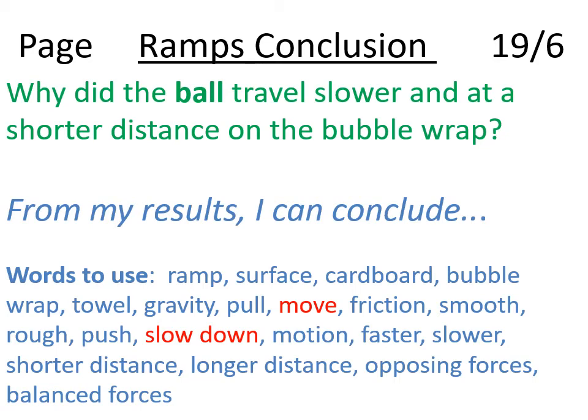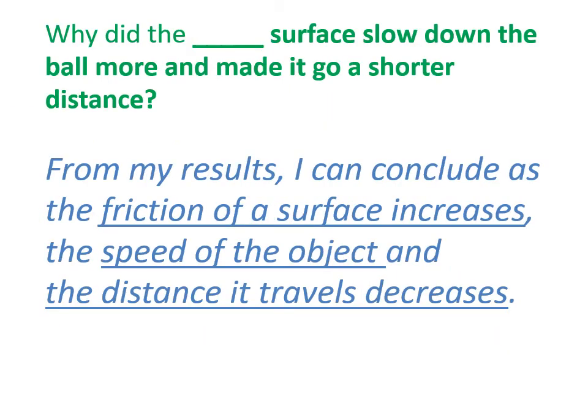Look at your conclusion in your notebook for more information. One of the important conclusions that we made is that from our results, we can conclude that as the friction of a surface increases, the speed of the object and the distance it travels decreases.